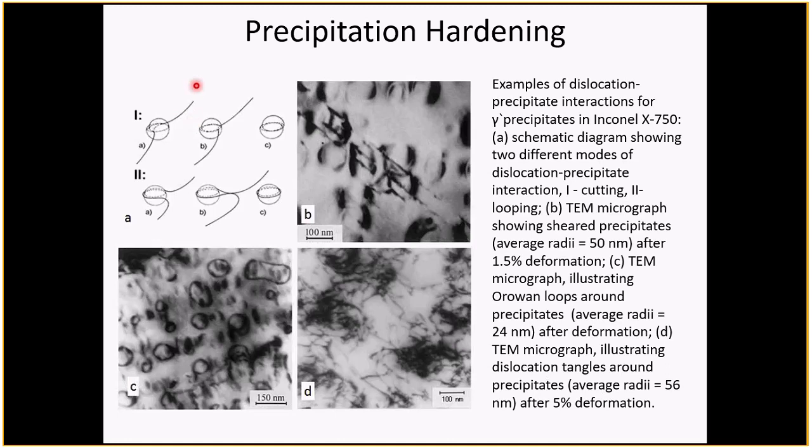But dislocations can still pass through the material, albeit at a higher stress needed to cause the slip, by different mechanisms. One of them being cutting. It can simply cut through the precipitate, and what you would have is this antiphase boundary left behind. Once the dislocation has gone through, you're left with an antiphase boundary here.